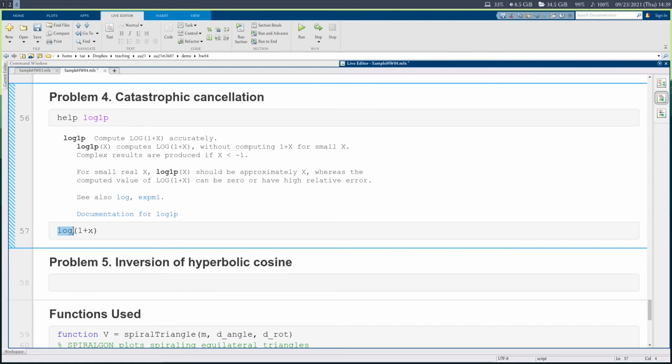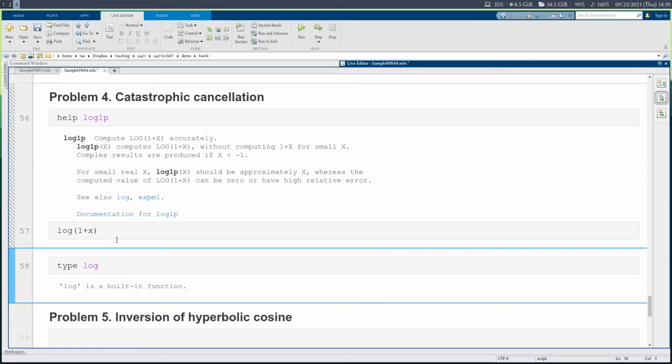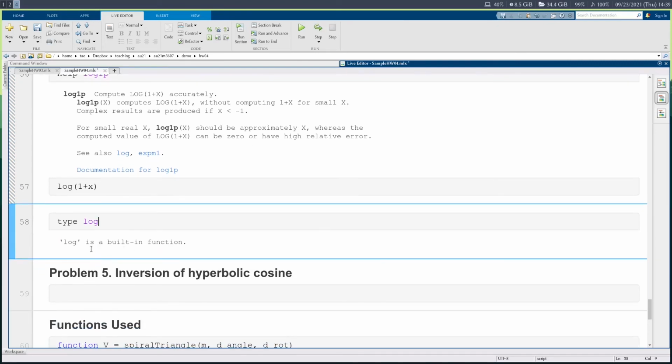Log is one of the built-in mathematical functions in MATLAB, but the library code is not accessible, is part of the library that I don't think is accessible. So type log. It's not going to tell us any of these gory details of how the log function is computed in a stable and efficient manner.